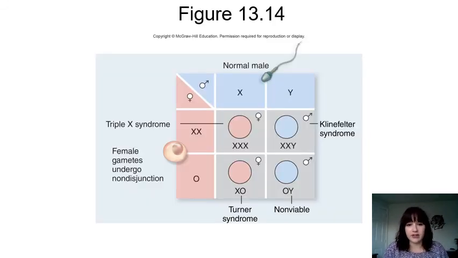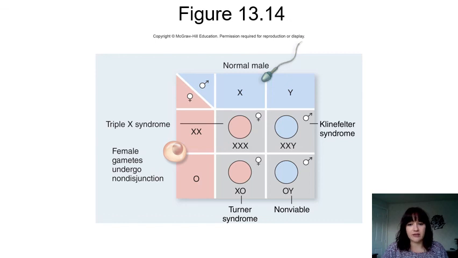Here I'd like to show an example of how this can happen. In this case, female gametes underwent non-disjunction. And so you can have 2 alleles, 2 copies, 2 chromosomes being sent in one gamete, resulting in trisomy, right?